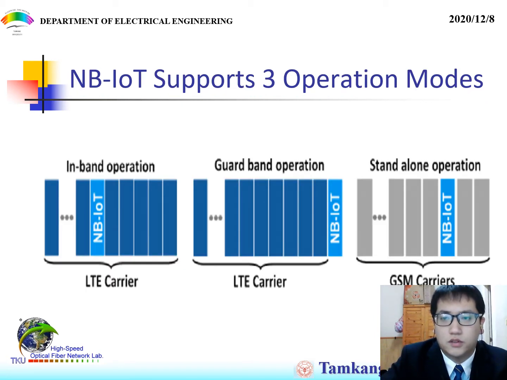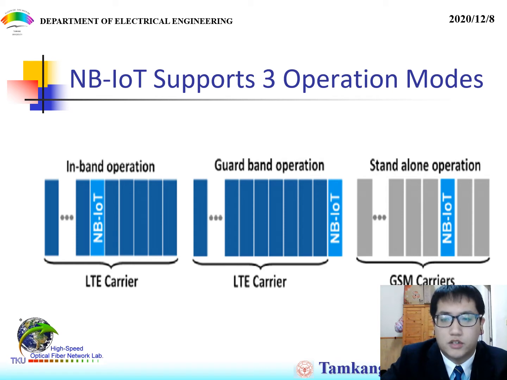NB-IoT supports three operation modes: in-band operation, guard-band operation, and stand-alone operation. In-band operation: it uses one of the existing LTE carrier bands, and each band is about 180,000 Hz to 200,000 Hz.